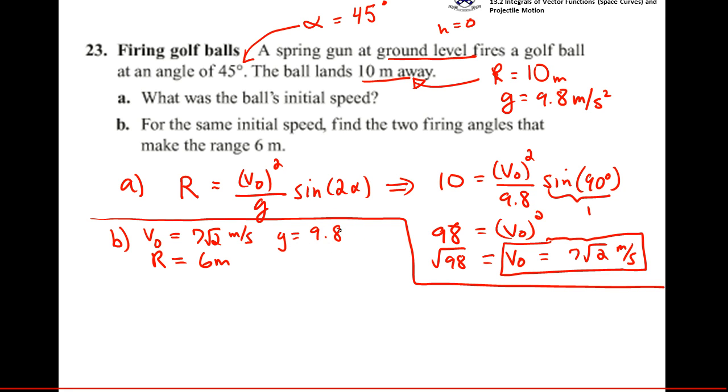So we have that 6 is equal to 7 root 2 squared over 9.8 times the sine of twice alpha.